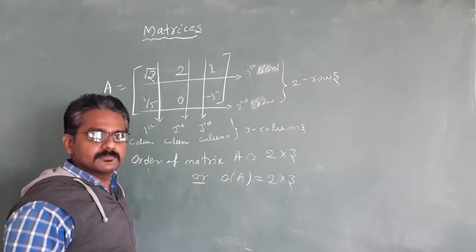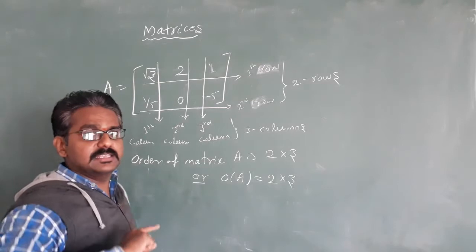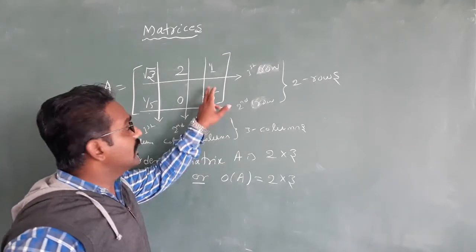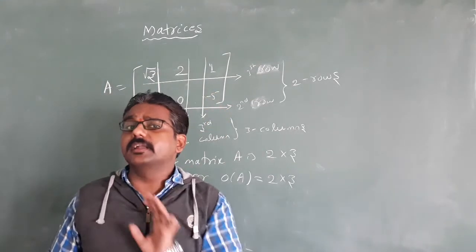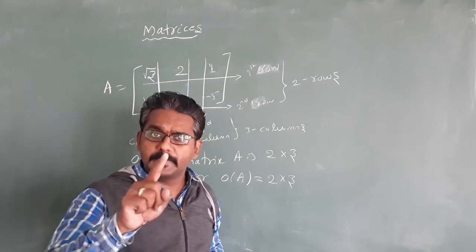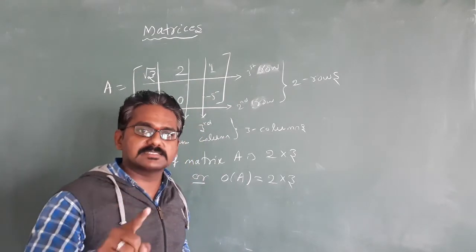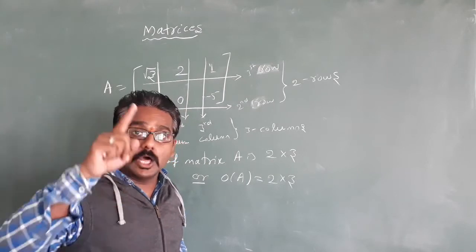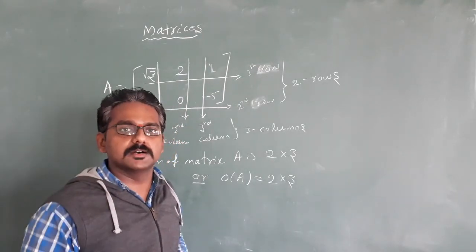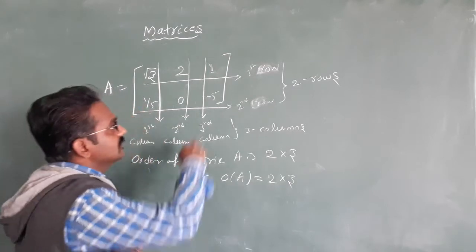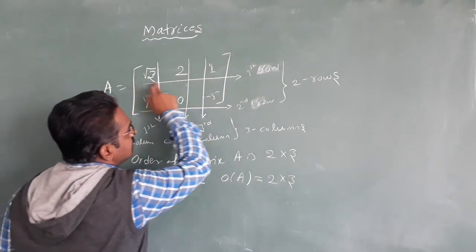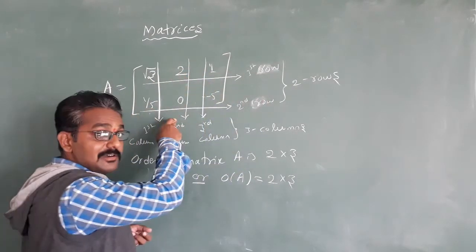Similarly, listen carefully. While mentioning or locating the particular element of the matrix, we always first mention the row, then column. Already I mentioned the element 2 present in the first row, first column.